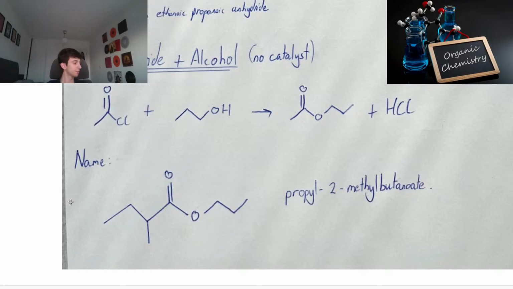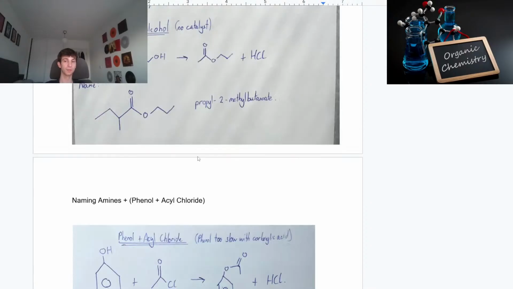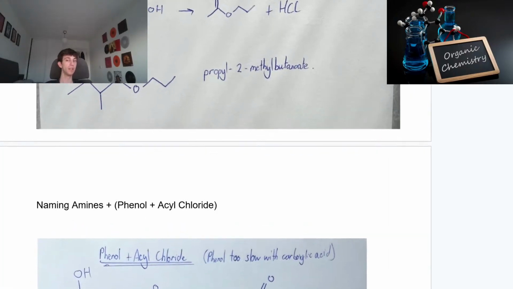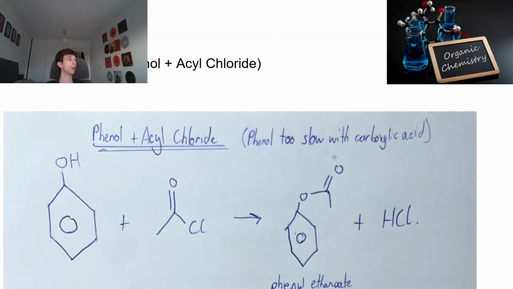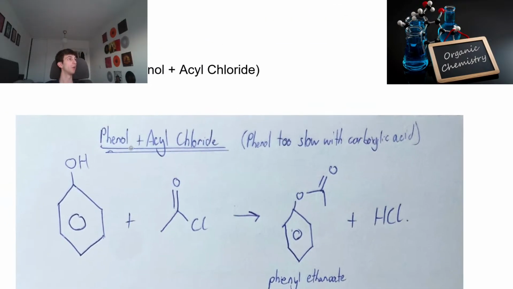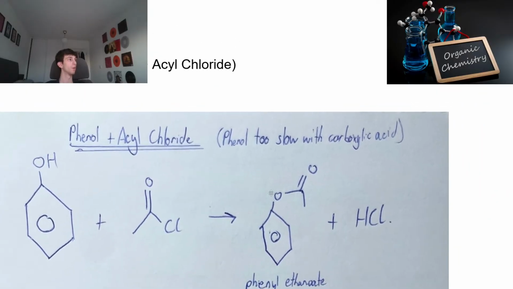Come on. Okay, so continuing on, guys, that was acyl chlorides and esters. Next: naming amines, and a little bit of phenol and acyl chloride reaction. So remember, guys, phenol is a weak acid, so it reacts very, very slowly with carboxylic acid. So if we want to form this ester bond, with a single oxygen to the carbon, double bonded to the other oxygen, we use an acyl chloride.